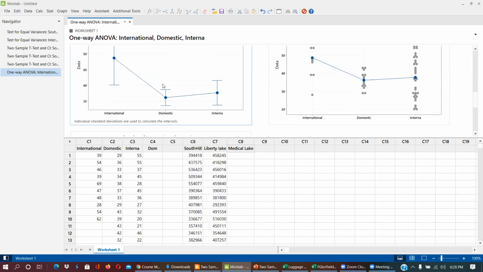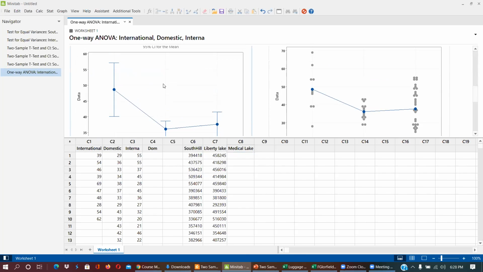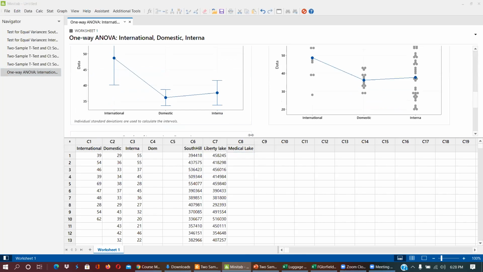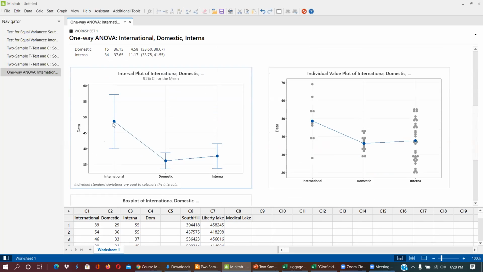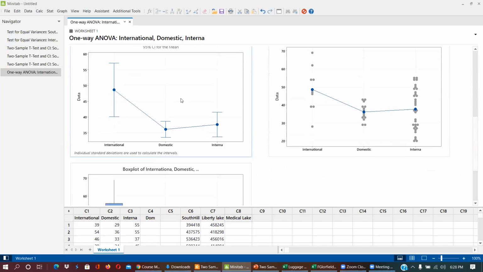Simply, you can visualize this with a diagram that explains the whole story. You can see this is one international, this is domestic, and they are not all the same. This mean is here, this is here, this is here.